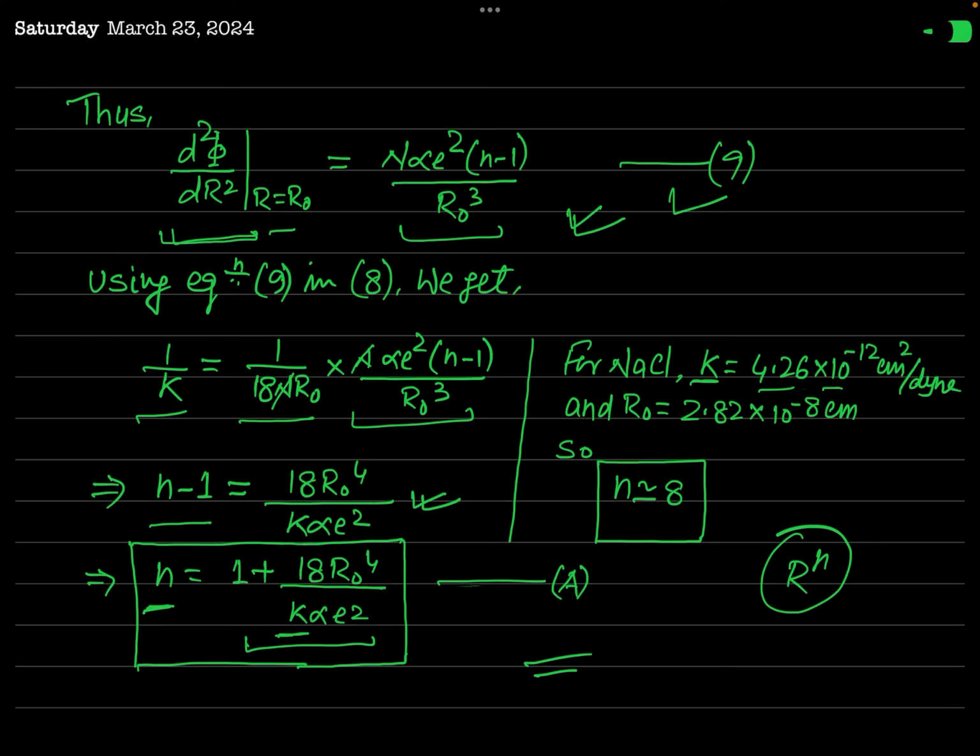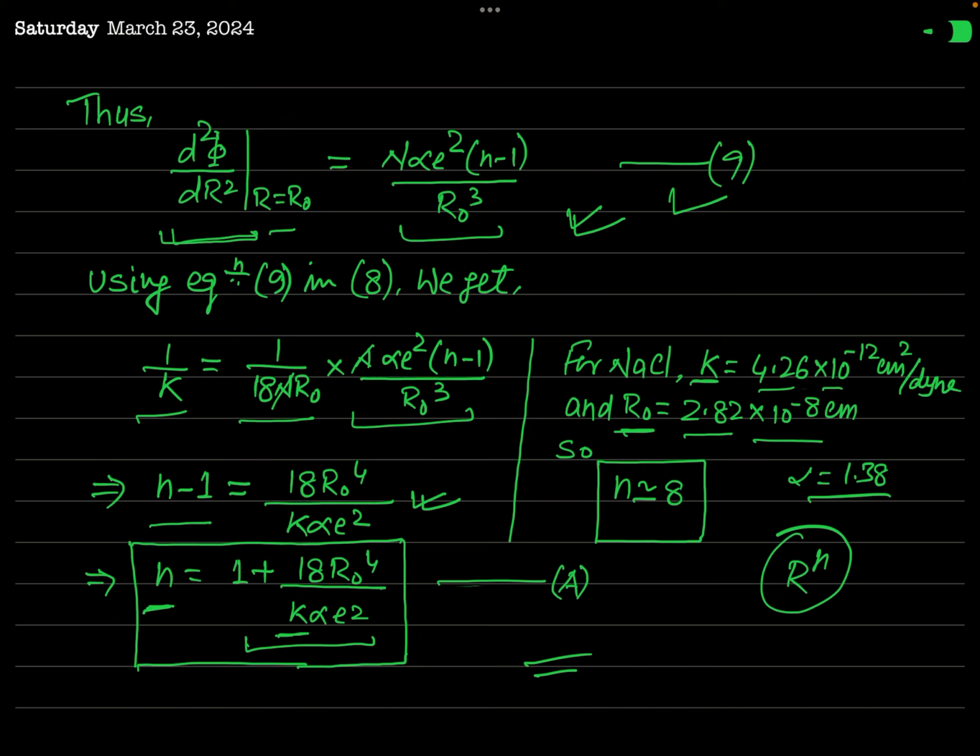This is the measured value. And in this case, this distance r naught, which is actually called critical distance, is found for NaCl crystal equal to 2.82 into 10 to the power minus 8 cm. And we have obtained the value of Madelung constant in our previous lecture. This alpha is almost equal to 1.38.